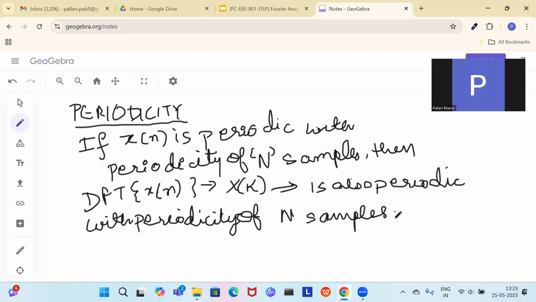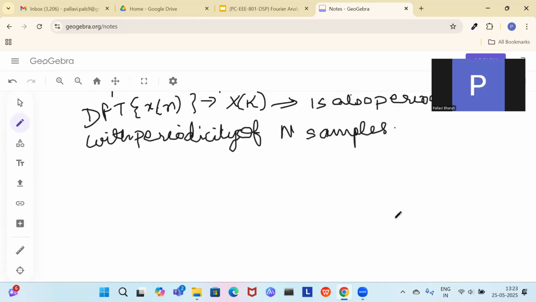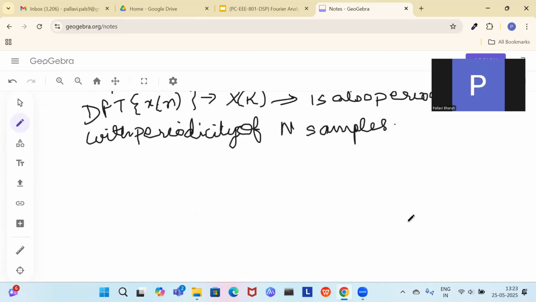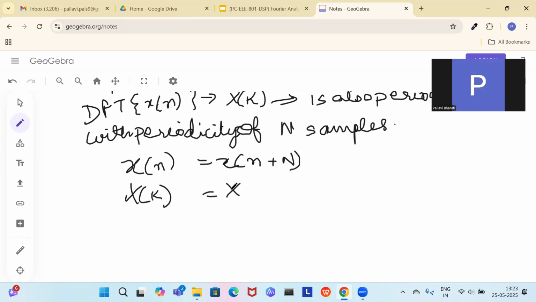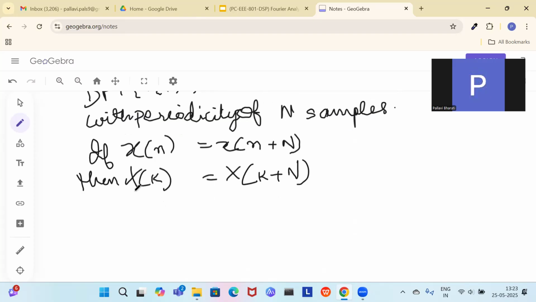Now let us see how to do it. So small x(n) is periodic with x(n plus N), and capital X(k) is also periodic with X(k plus N). So if this, then this.